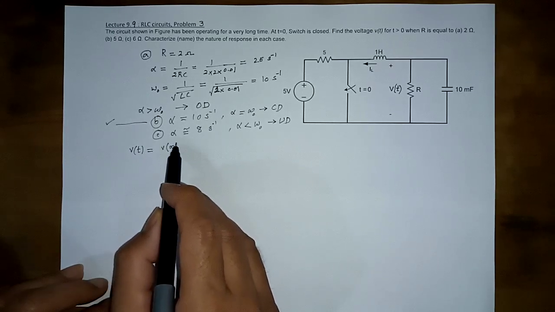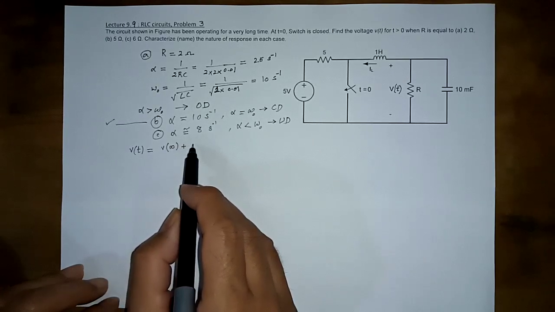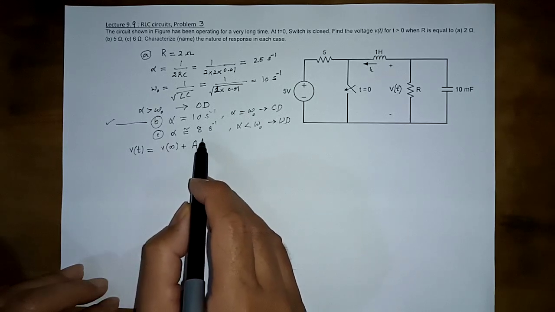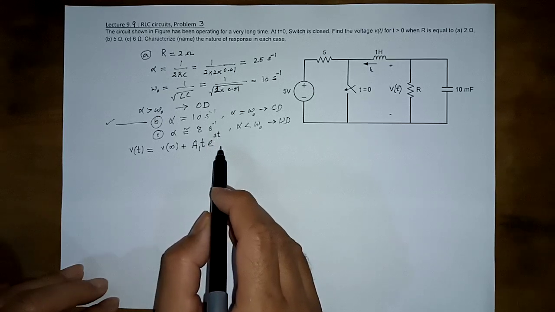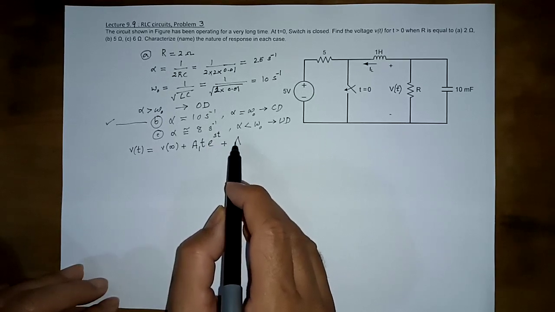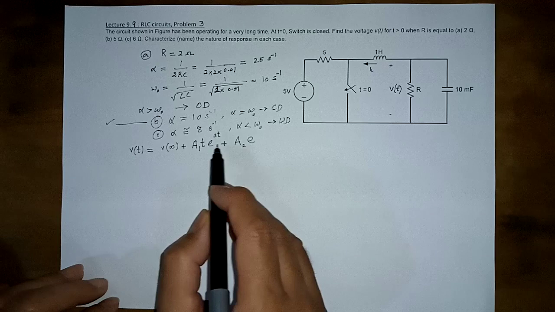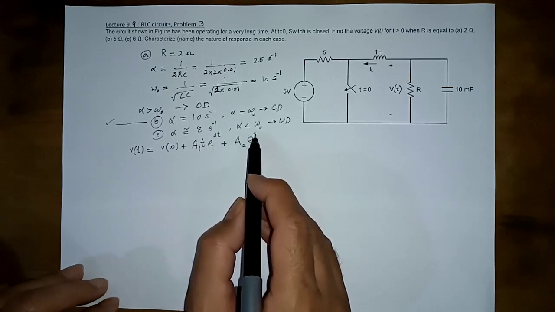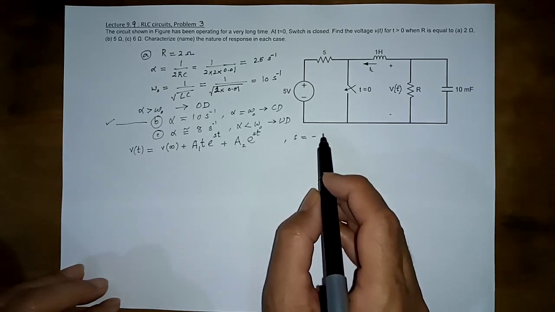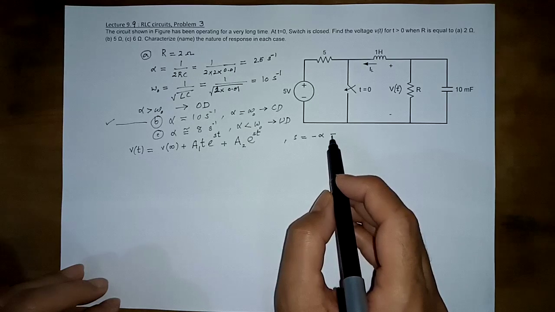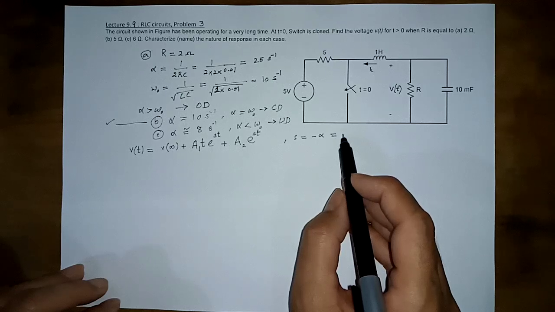So v at infinity, which in the case of natural response circuit we know is 0, plus A1 t e raised to the power st, plus A2 e raised to the power st. This value of s is going to be the same because both roots are going to be same and real. And this s would be equal to minus alpha because the other term will be 0 because alpha is equal to omega 0. So we are going to get this equal to minus 10.